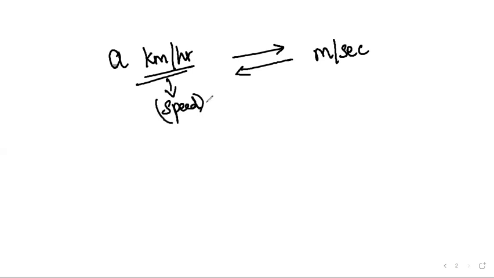Sometimes in our question we may be provided with kilometer per hour units, but in order to find the answer, there might be a situation where you want to convert from kilometer per hour to meter per second, or in some questions you might be required to convert meter per second into kilometer per hour, and there is a very basic and simple formula to do that. Let's see how to do this.